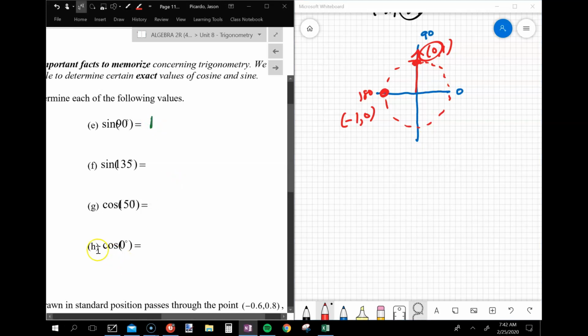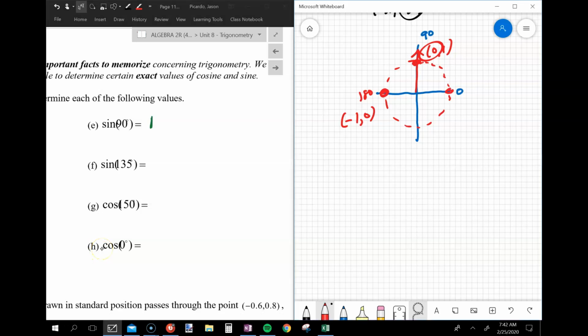We can do this last one really easily, can't we? Cosine of 0 puts me on this point, and this point is 1, 0, right? So cosine is the x or the y? The x. So the x value is 1.